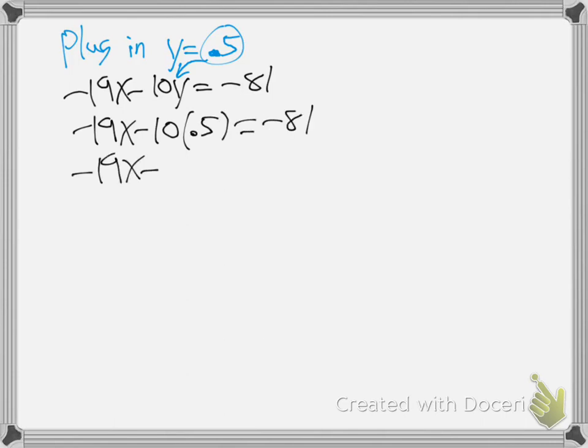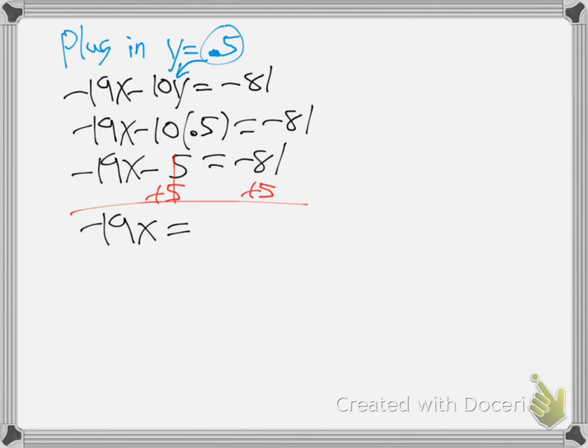Minus 19x, that's going to be 5. How do we solve this for x? Add 5 to both sides. Minus 19x equals whatever that is, minus 76. Last step, to solve for x, divide by minus 19. X, is that just 4? Yep. Positive 4. So now we got x.